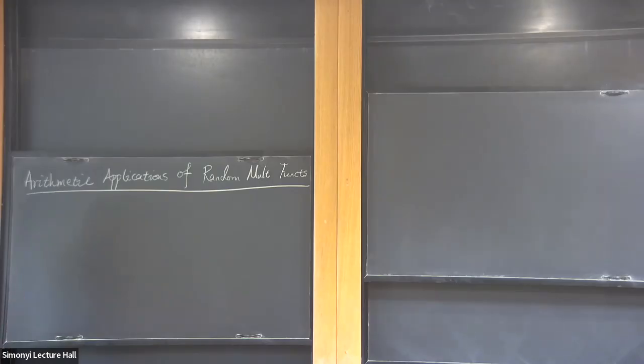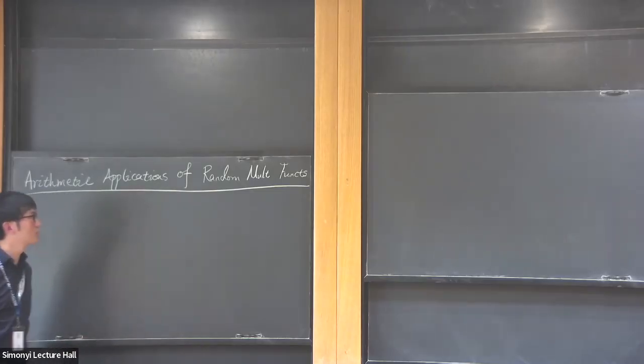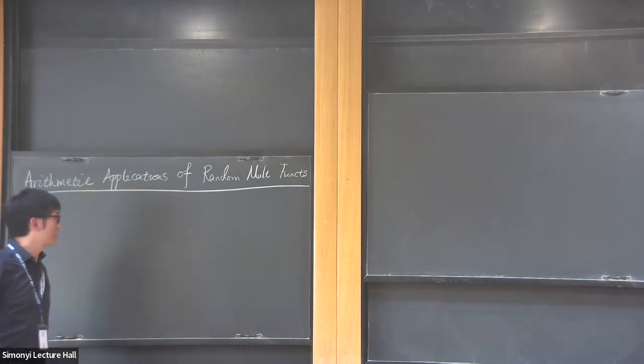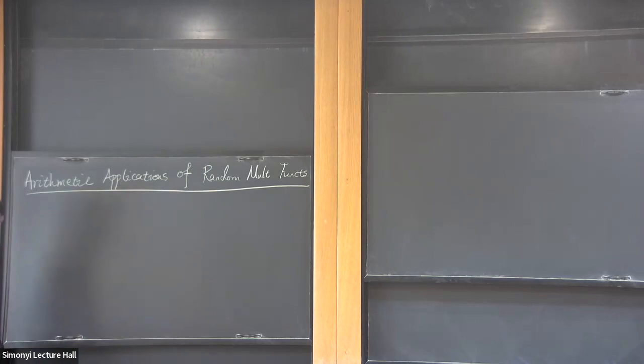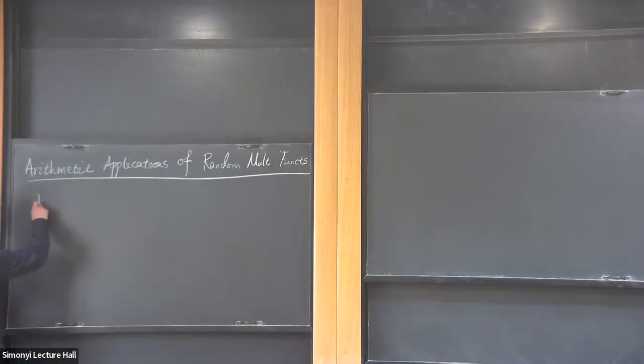Anyway, instead of talking about the main theorems and their proofs, I will focus on number theoretic aspects, like how you can apply those techniques or theorems to get something number theorists feel very excited about.